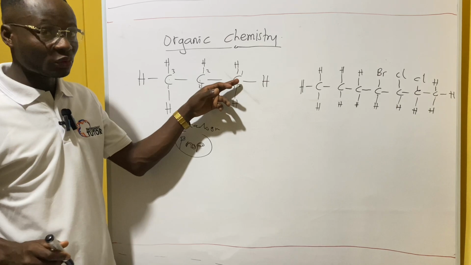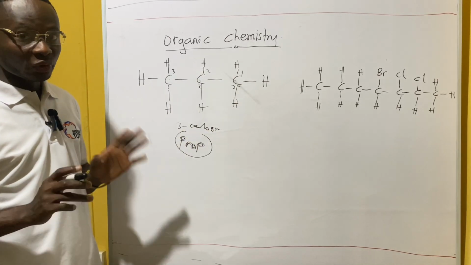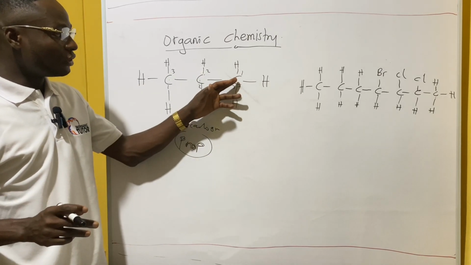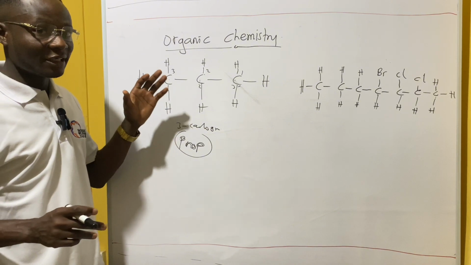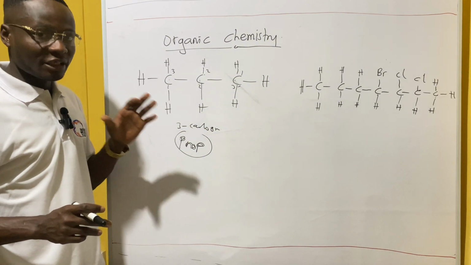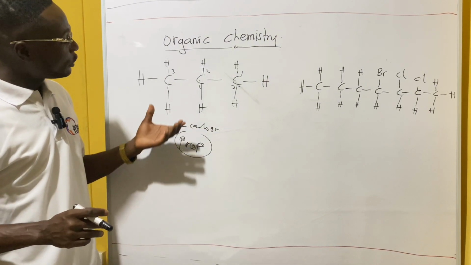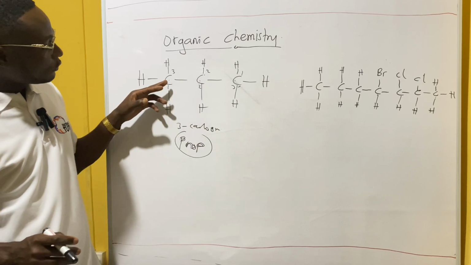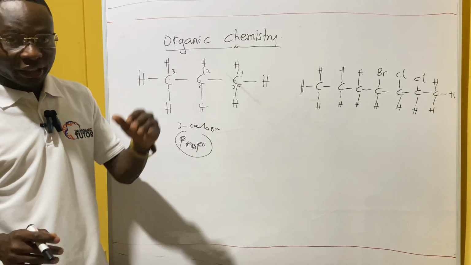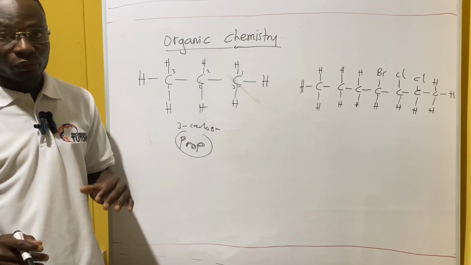When you count from here, it's the same 1, 2, 3. So it doesn't change. If you count from here and that is the longest, then you take that one. This right here, we have 1, 2, 3 carbon atoms, and that is prop.